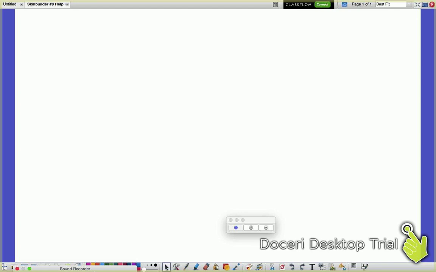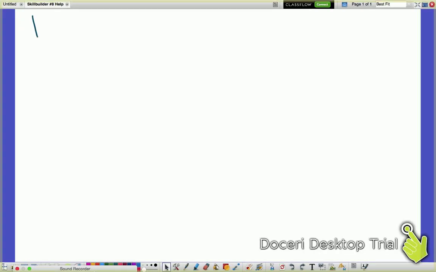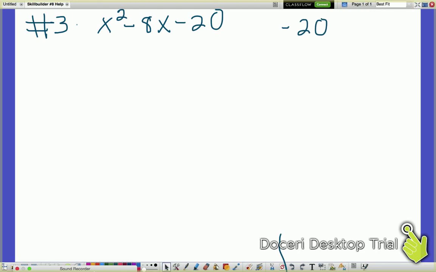Let's go to number 3. Okay, factoring. So the problem is this. Okay, so remember, I want to find the factors of negative 20.